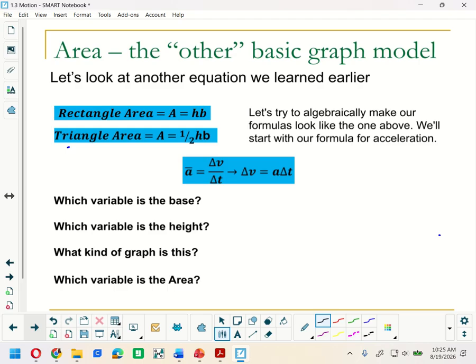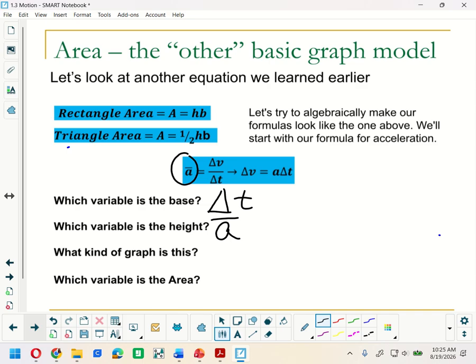Now we're actually looking at other types of basic graph models. This time we're looking at the acceleration. So base, same thing, all these are actually going to be delta t. Which variable is the height? This is going to be my acceleration. What kind of graph is this?